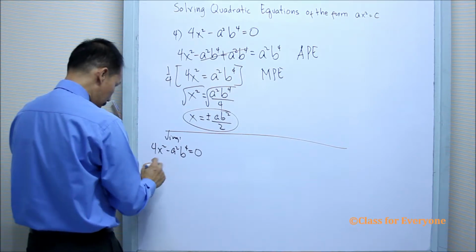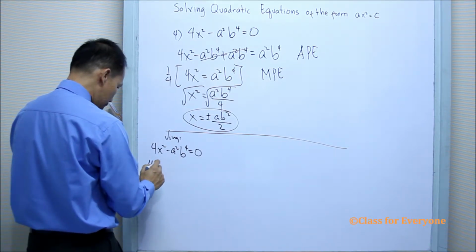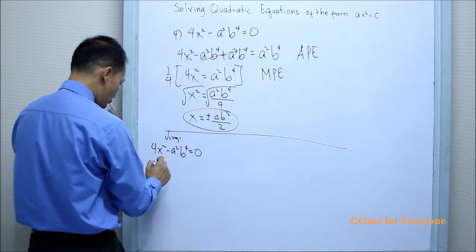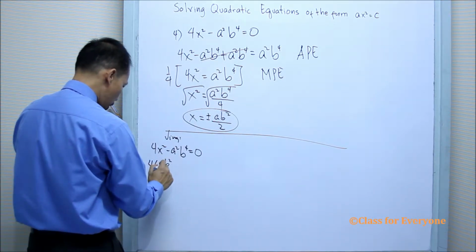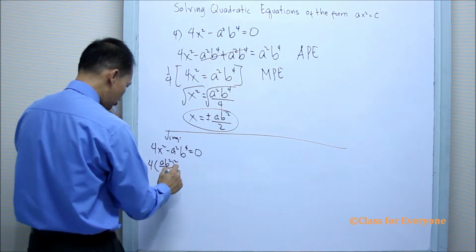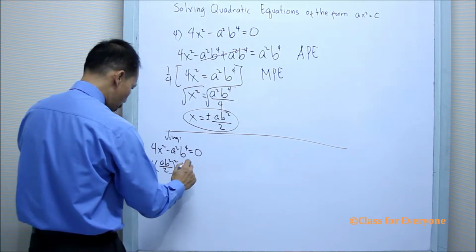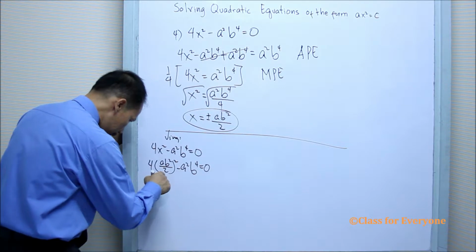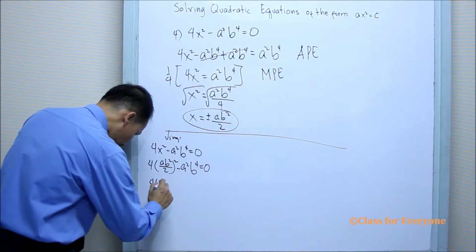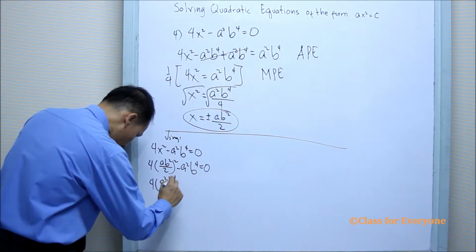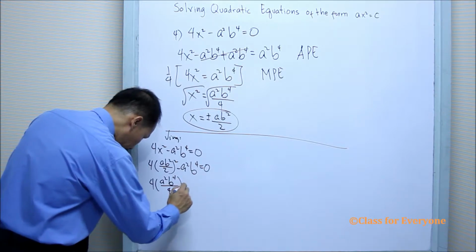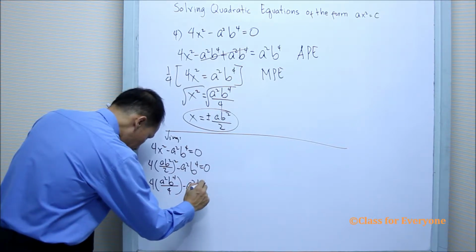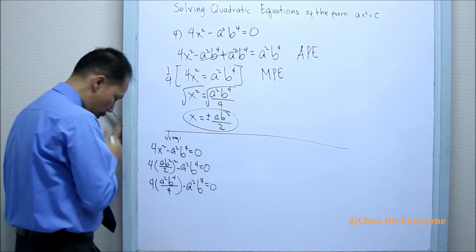And then I will have 4 times a b squared all over 2, squared, minus a squared b to the fourth equals 0. And then squaring this, I will have 4 a squared b to the fourth all over 4 minus a squared b to the fourth equals 0.